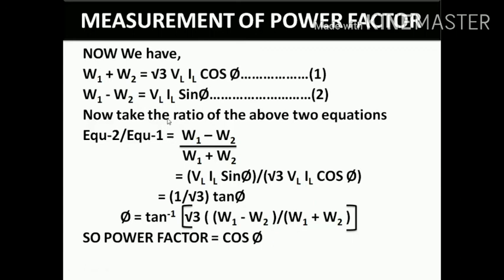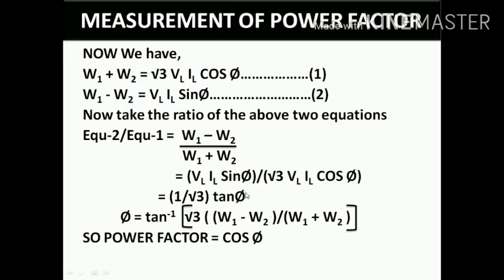Taking the ratio of equation 2 divided by equation 1, that is W1 minus W2 divided by W1 plus W2, is equal to VL IL sin phi divided by root 3 VL IL cos phi. So here we are getting 1 by root 3 times tan phi.